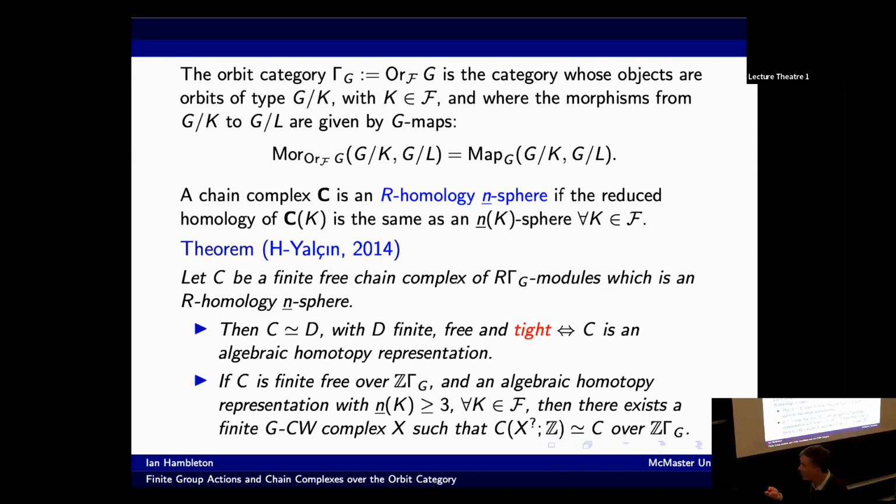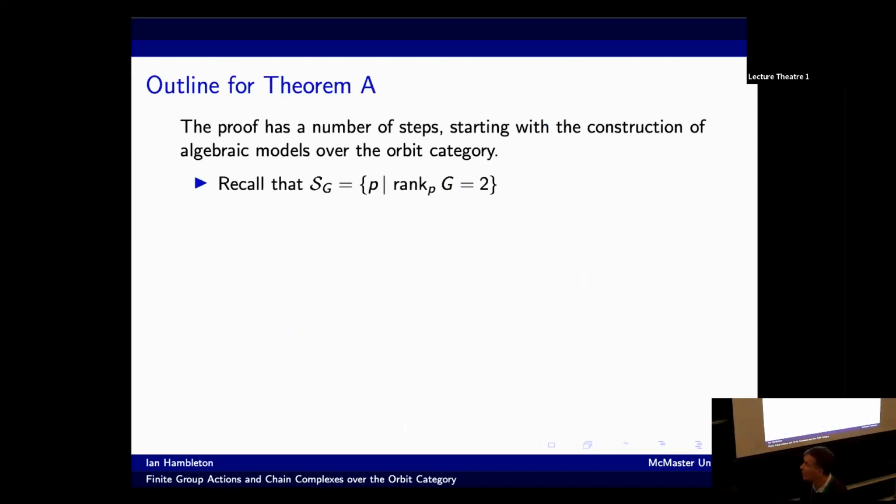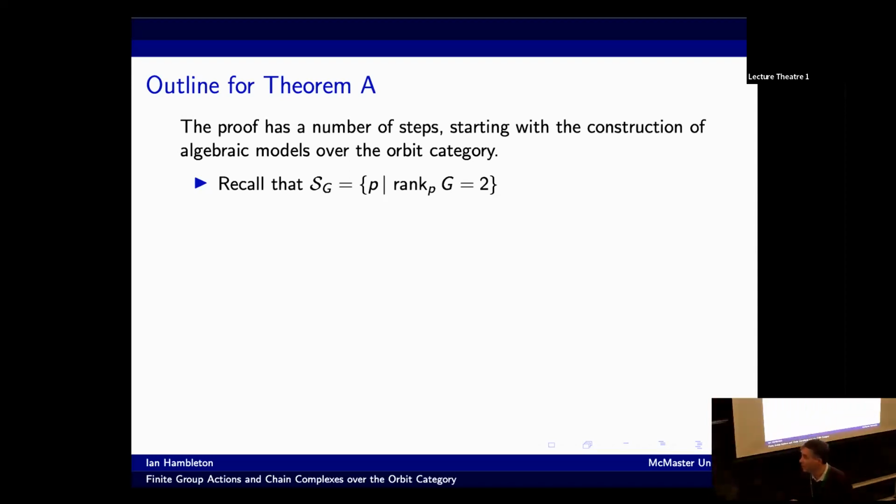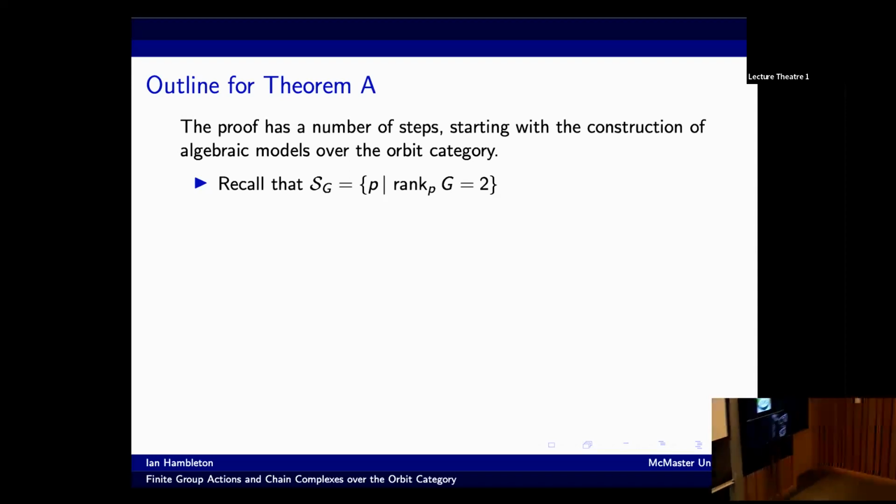I'm not going to say more about the geometrical realization part. There are a number of steps. I'm just going to outline them and maybe not say a whole lot about them in detail, partly because it's been a little while since I looked at this material and some of this is a little vague in my head. But anyway, let's see how this goes.